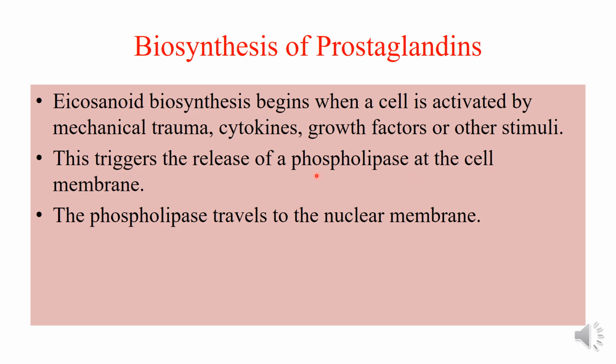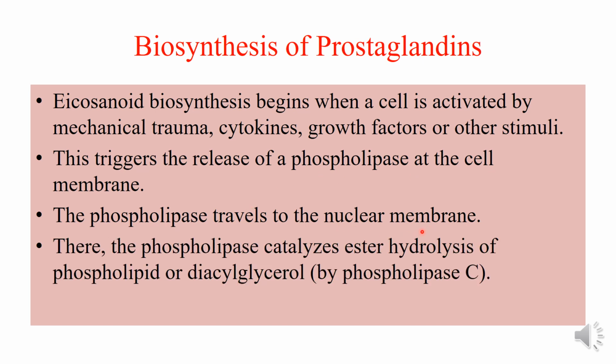The phospholipase travels to the nuclear membrane, and there it catalyzes hydrolysis of phospholipid or diacylglycerol by different phospholipases. So in case of diacylglycerol, it is phospholipase C. This frees the 20 carbon fatty acids from the membrane.